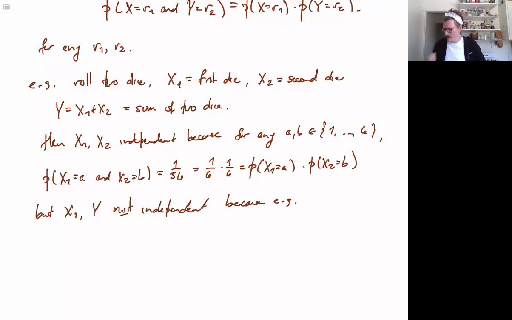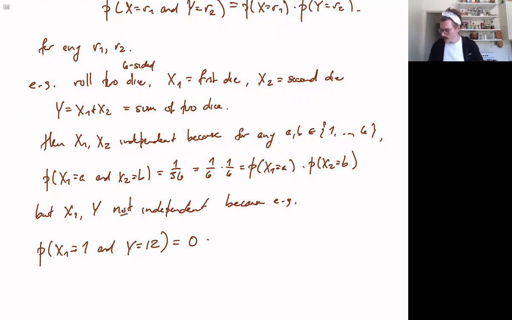So, for example, the probability that X1 equals 1, so the first die rolls a 1, and Y equals 12, which is to say that the sum of the dice is 12. So the probability of this is 0. Because if the first die is a 1, then the second die can only go as high as 6, since let's say we're using two 6-sided dice. So you can't have the first die be a 1 and the sum be 12. There's no way to do that.